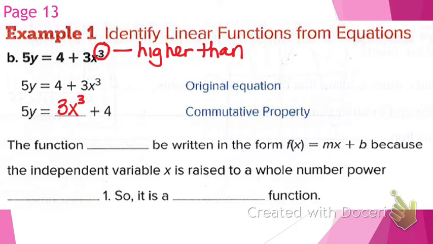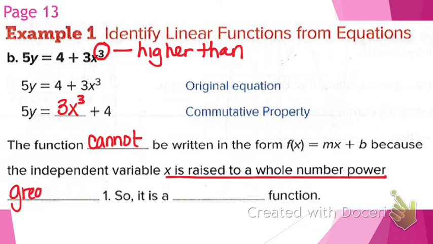So this function cannot be written in the form y equals mx plus b, because x is raised to a whole power that is greater than 1. So this is a nonlinear function.